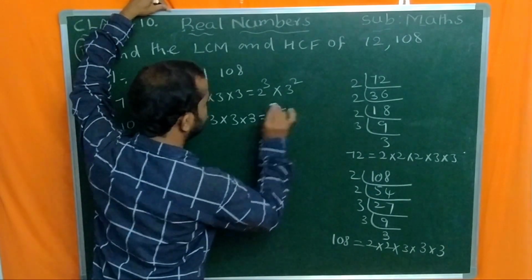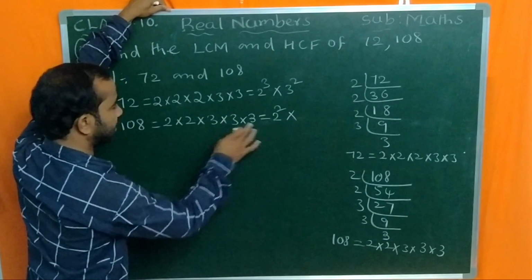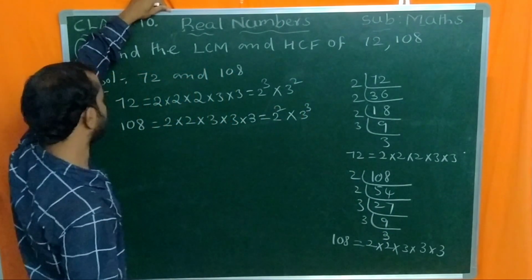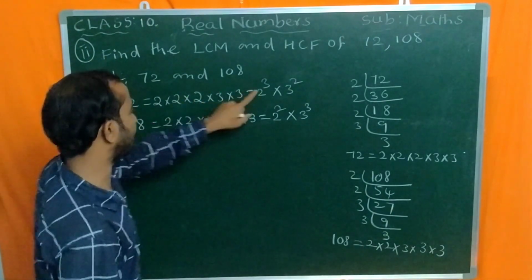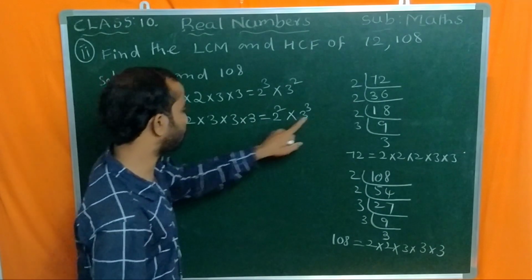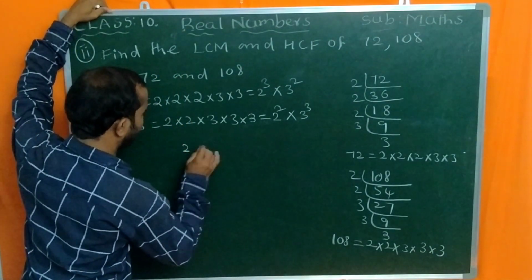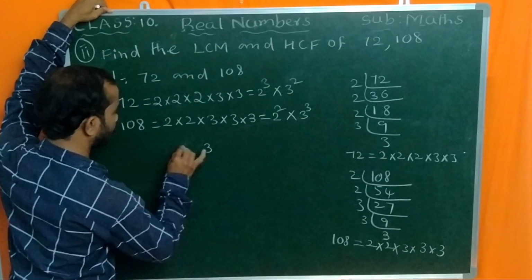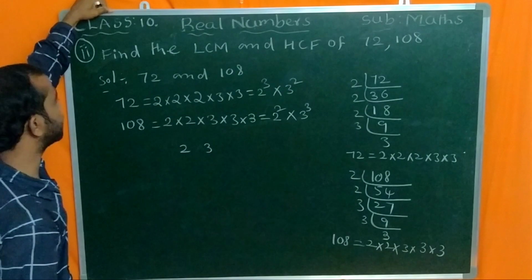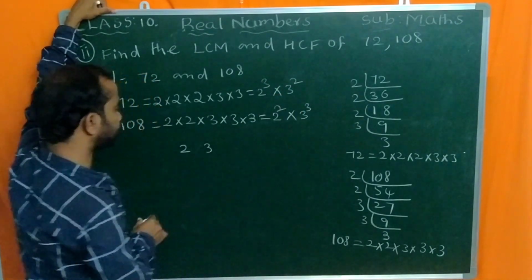Two, so 2 to the power of 2. How many 3s are there? Three, so 3 power 3. Both 72 and 108 have the factors 2 and 3, so 2 and 3 are the common factors. So HCF means the lowest powers.